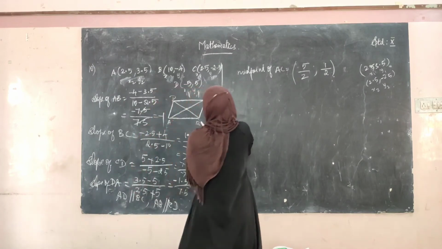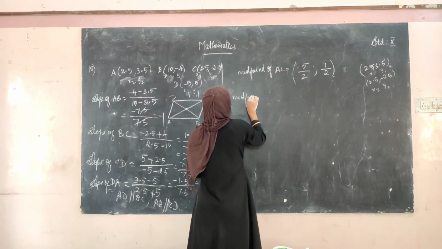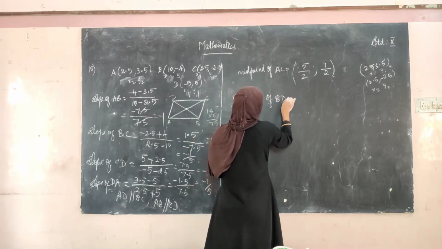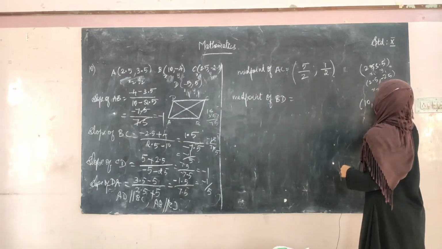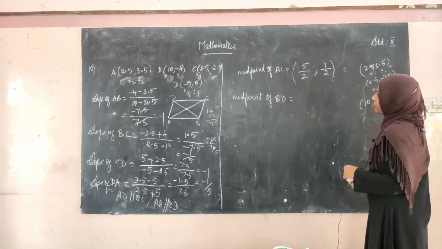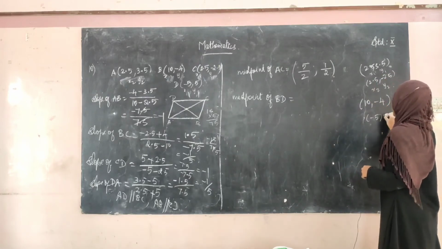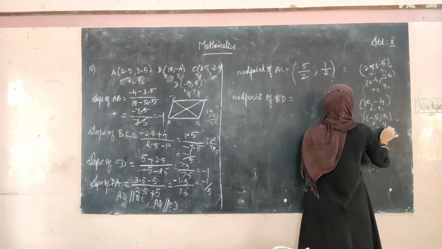So we have to find the midpoint of BD, right? Midpoint of BD is equal to, what are the points? It is 10 comma minus 4 and then minus 5 comma 5. x1, y1, this is x2, y2.